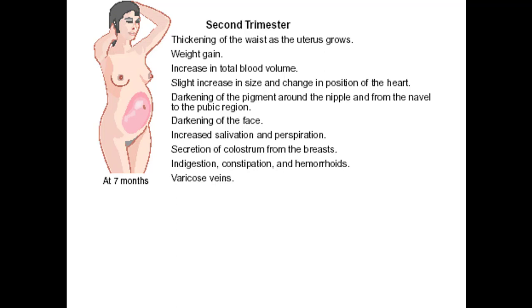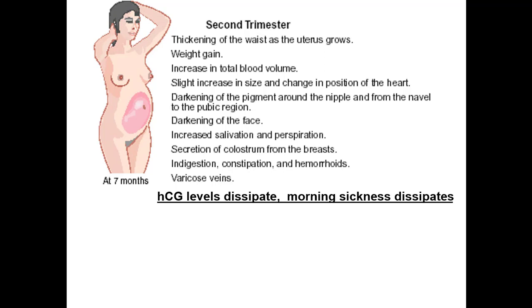Women will experience increased salivation, perspiration. Oftentimes, women take supplements like iron because their red blood cell count increases to deliver some of that blood to the offspring during development. Women may experience heartburn, indigestion, constipation, hemorrhoids, varicose veins. But morning sickness tends to dissipate because HCG levels drop.